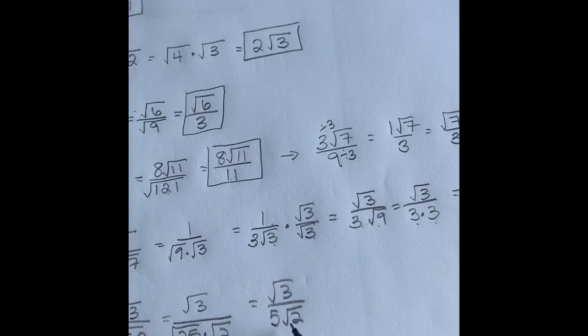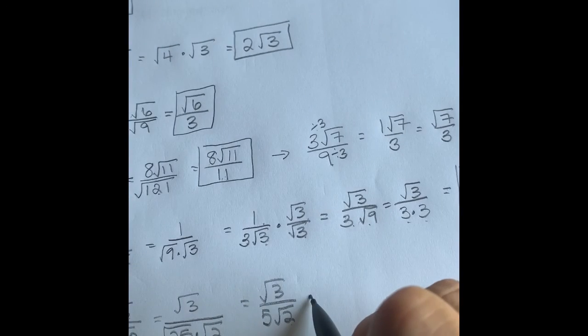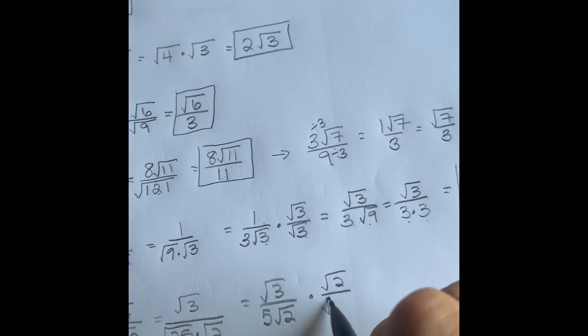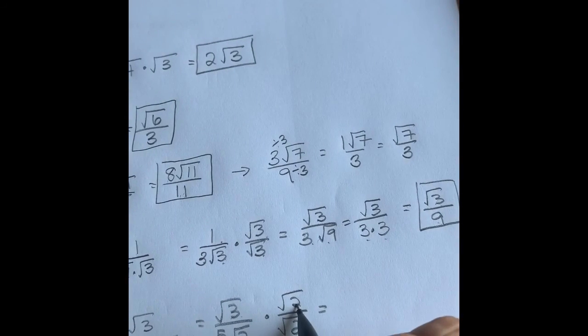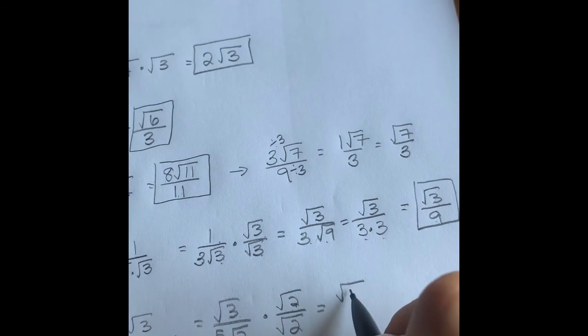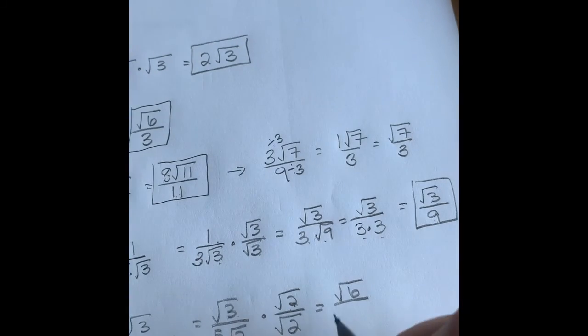So now we see that we have a square root in the denominator. That can't stay there. So in order to get rid of it, we multiply top and bottom by the square root of 2. So let's see, both of these are underneath the square root, so we can multiply them. So 3 times 2 is 6, so we have the square root of 6. We're going to carry over this 5 because there's nothing we can multiply it with.